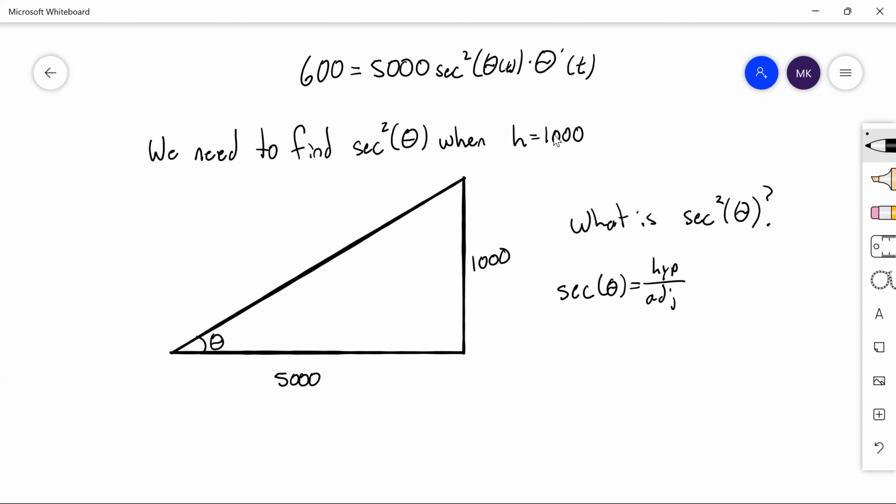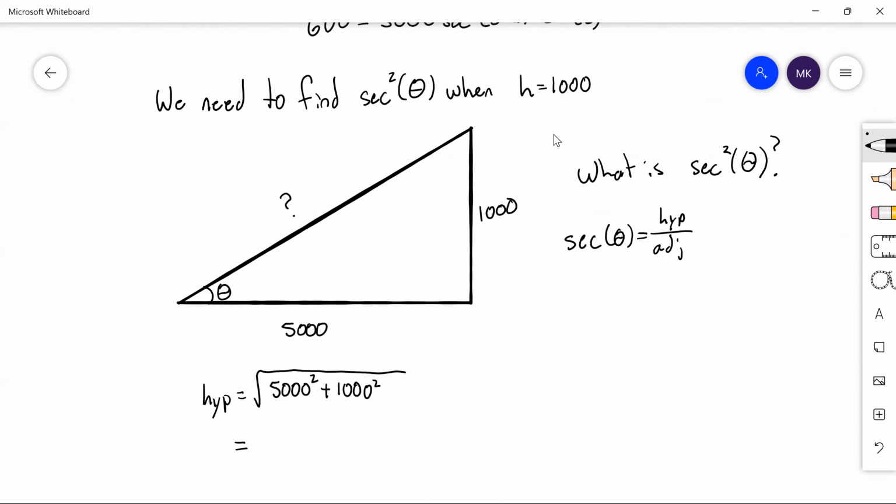So secant is hypotenuse over adjacent. That means we're missing our hypotenuse. We need to find out what this is. And we know very simply that the hypotenuse is the square root of the sum of the squares of the other sides.